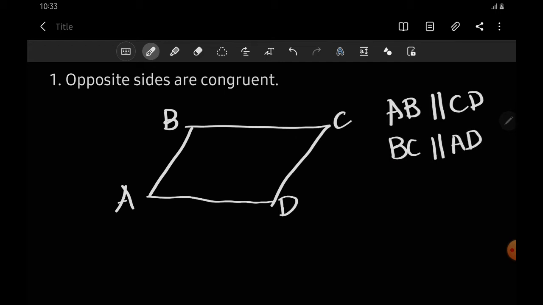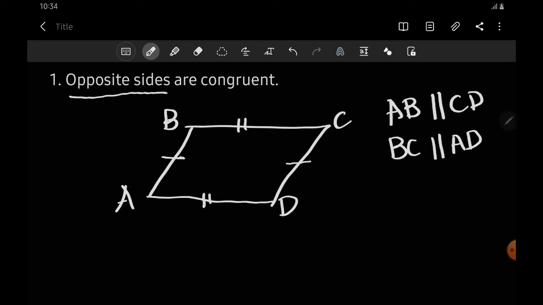When we are talking about opposite sides, those are the sides that are parallel. So we are talking about AB parallel to CD and BC parallel to AD.